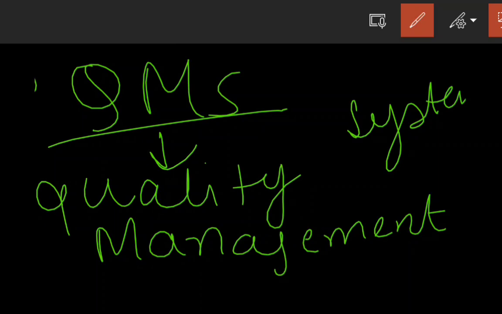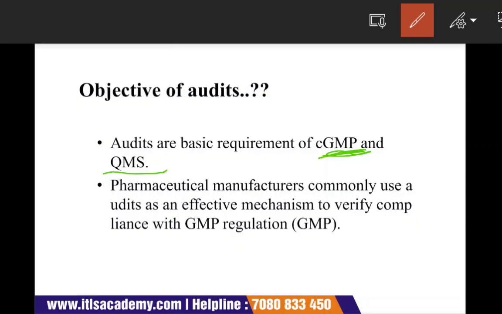It is an extensive framework of control and assured processes designed to safeguard the food safety, quality, and authenticity of any product. So if anybody asks what you understand by CGMP, C stands for current, and QMS stands for the quality management system.